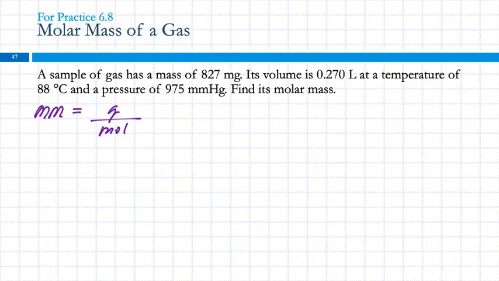So here, the sample size is specified. We're given its mass, its volume, and its temperature and pressure. Did they give me the mass in grams? No, they didn't. They gave me the mass in milligrams. Darn them. Well, we can use our knowledge of the metric system. Milli means 10 to the minus 3.